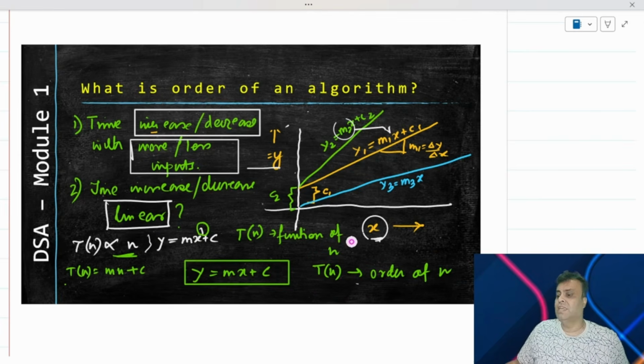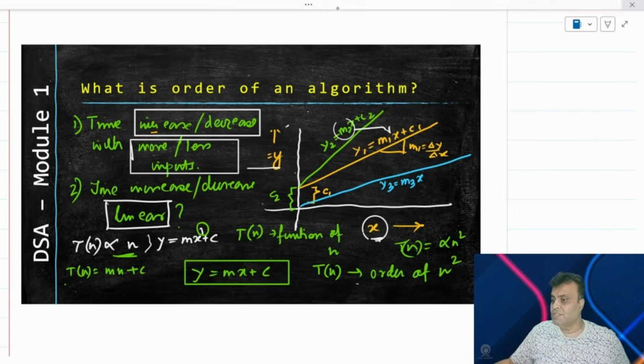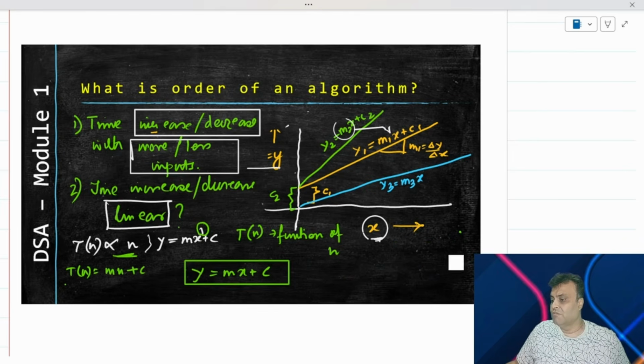So if I can say this, then can I say that if the time taken by an algorithm is proportional to n square, instead of being proportional to n, then of course I can say that my algorithm has an order of n square. So I can say that depending on what polynomial the algorithm time represents, asymptotic time represents.